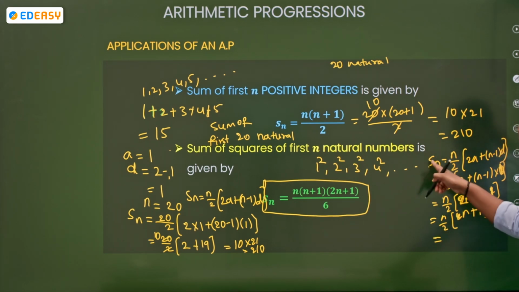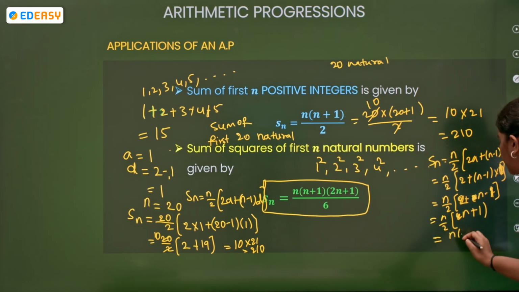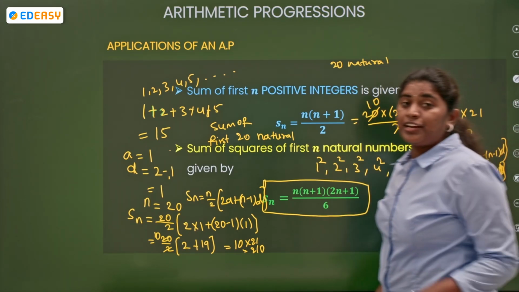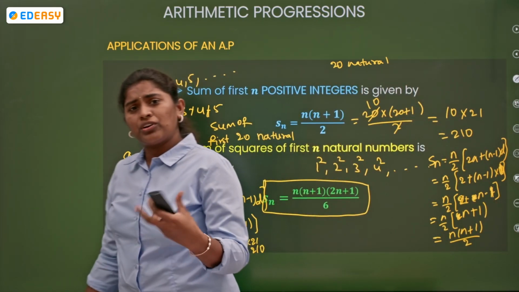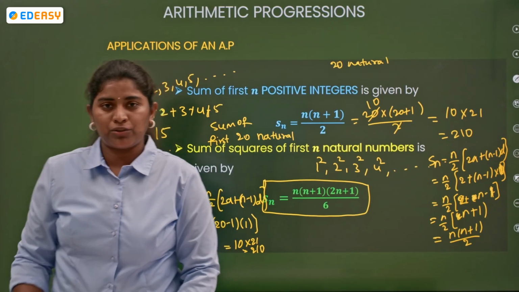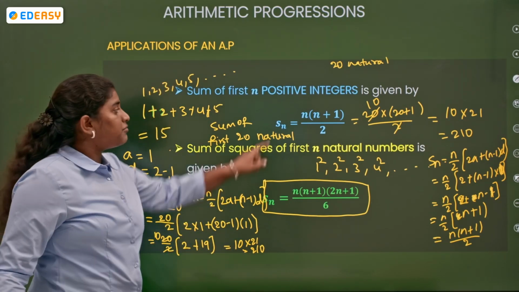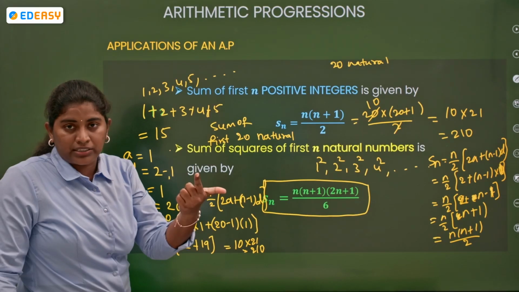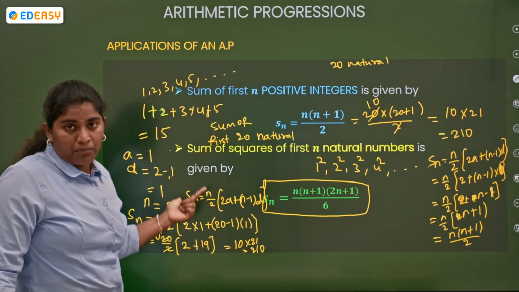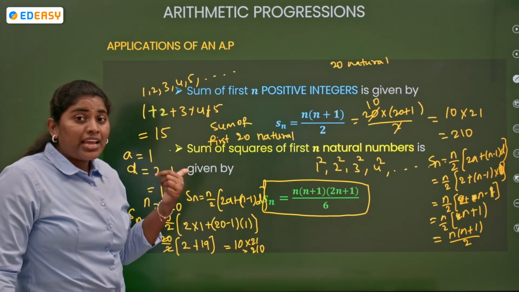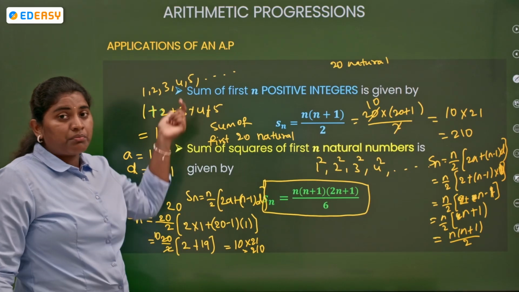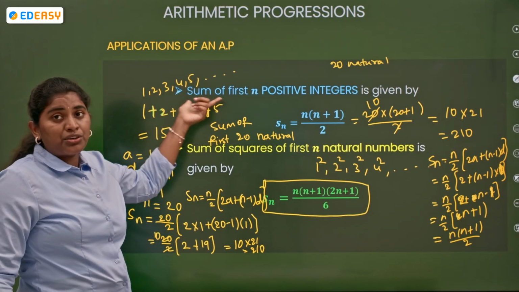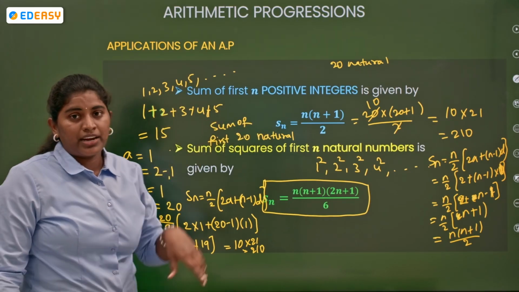Finally we got Sn as n into n plus 1 by 2 for natural numbers, where n can be any value. How did we get that formula? Keep a equals 1 and d equals 1 in the Sn formula. Why? Because our natural numbers start from 1, 2, 3, 4 and so on, right?